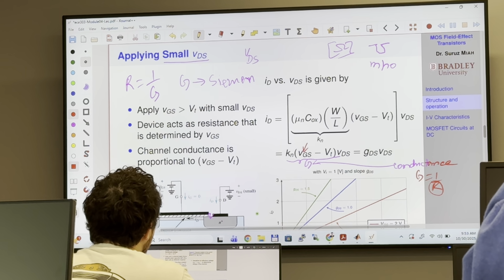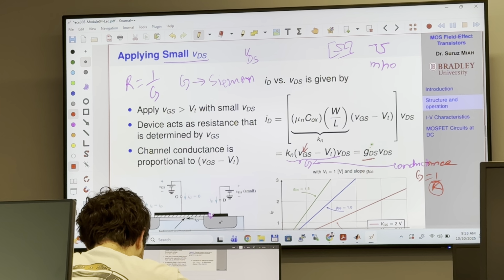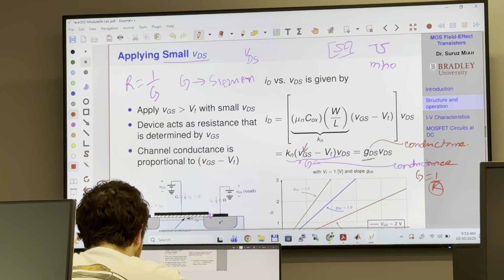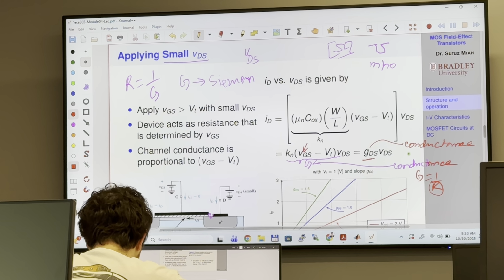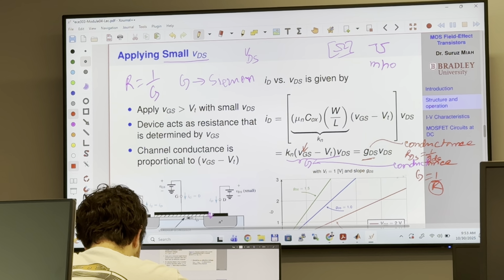Now this conductance between drain and source is denoted with GDS, where RDS is basically 1 over GDS. The conductance between drain and source, in other words the resistance between drain and source, is given as such: Kn times VGS minus VT.